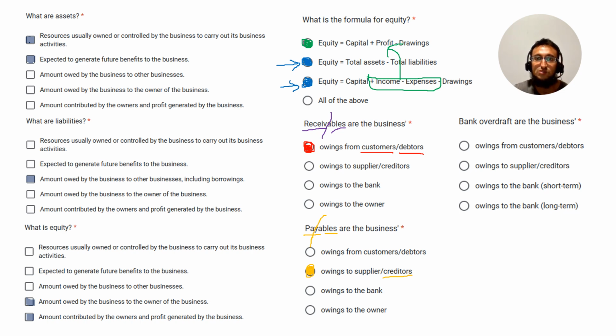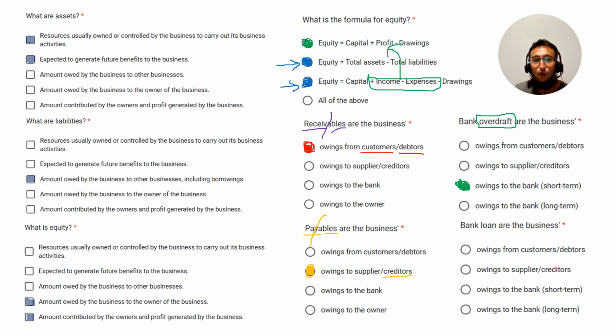Okay, so let's look at the word bank overdraft. The word overdraft comes from the word overdrawn, which means the business has overdrawn some extra money from the bank account. So this is an owing to the bank and it must be repaid to the bank in a short amount of time, normally within a few days to a few weeks.